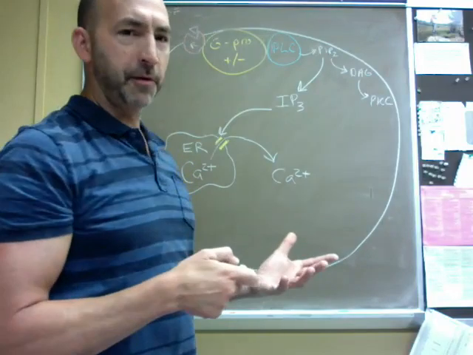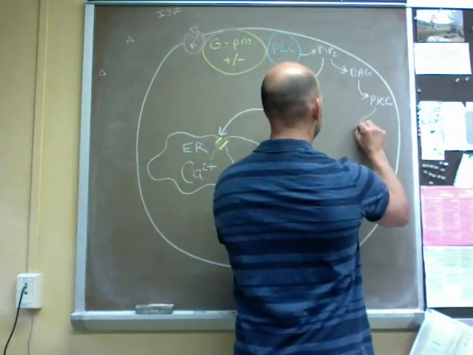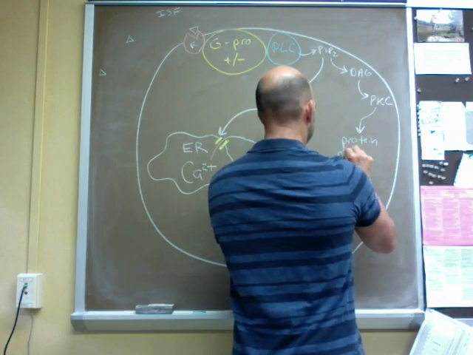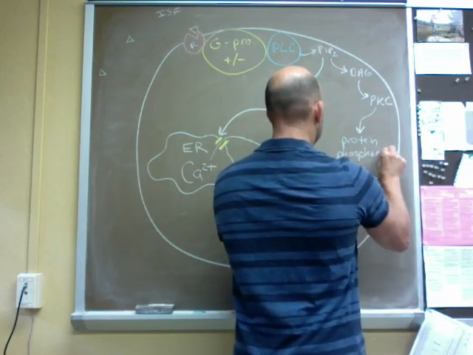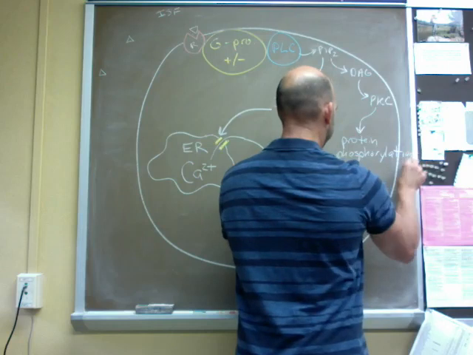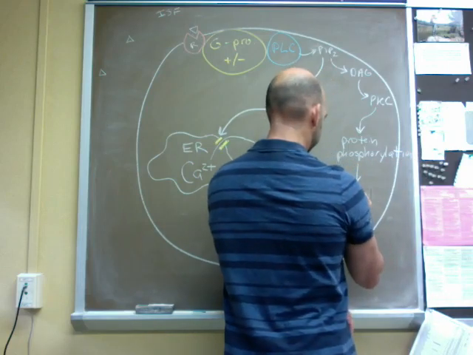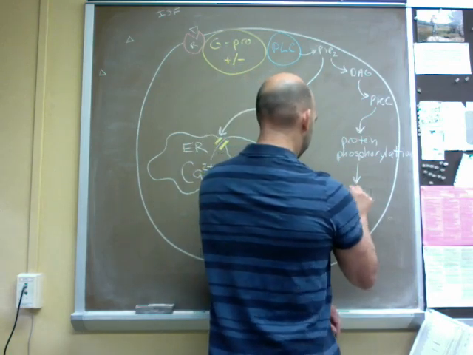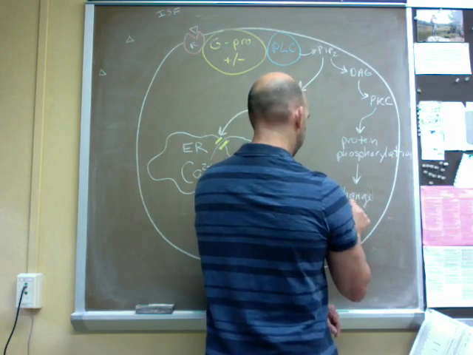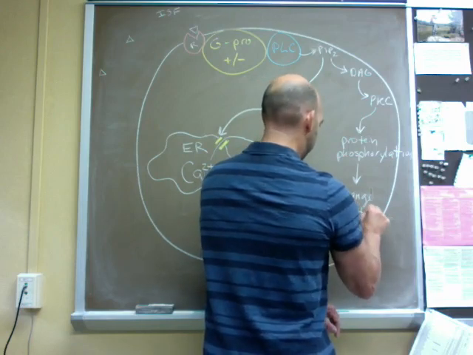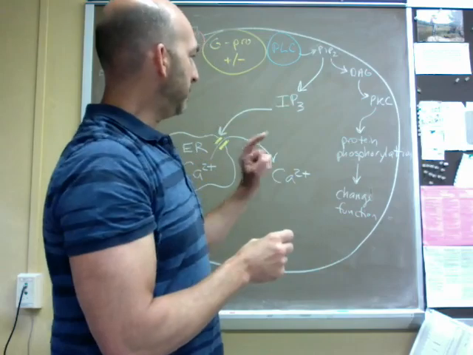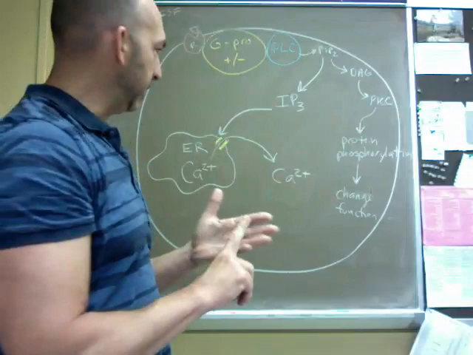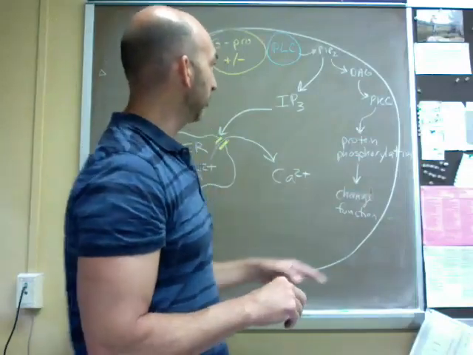So that kinase can phosphorylate proteins, so I'm just going to write protein phosphorylation in that room, and change function. Because remember, the phosphorylated proteins can be enzymes and channels and transcription factors and pumps and all those things that we can change the activity of by adding the phosphate group.